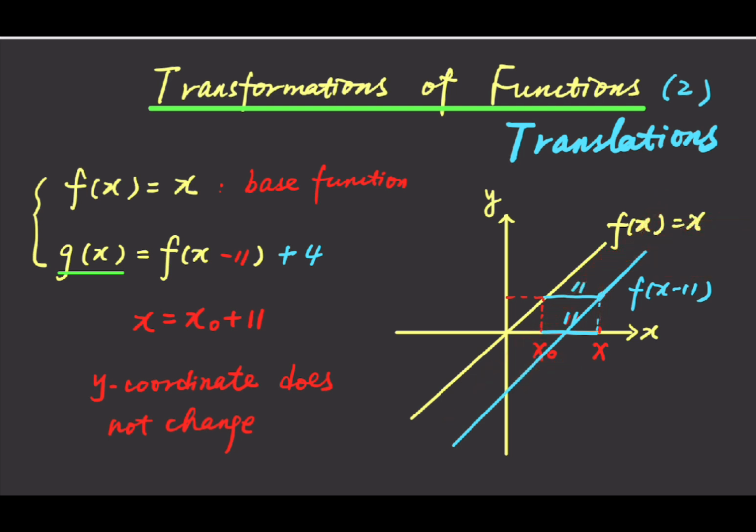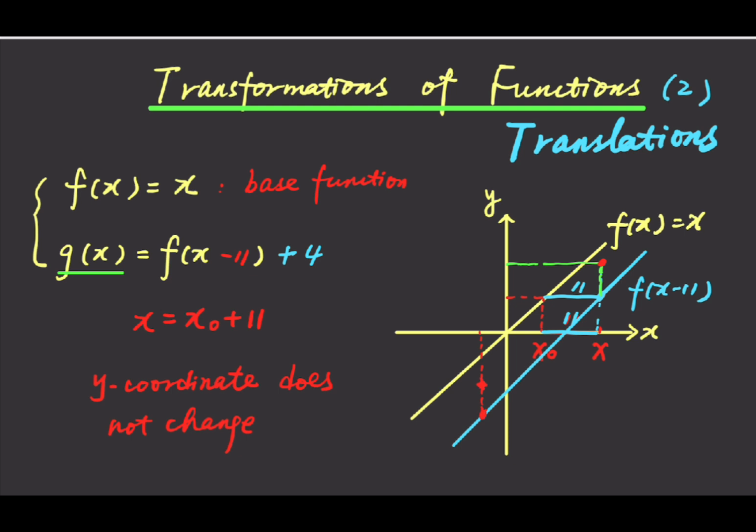So you will get, here, it should be 4. This is the point. Similarly, for this point, it should be 4. You need to guarantee the x coordinate does not change, but the y coordinate should be greater than this point.